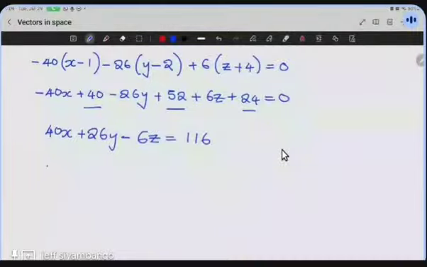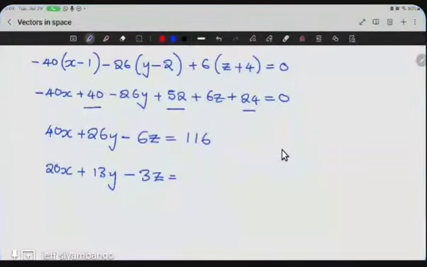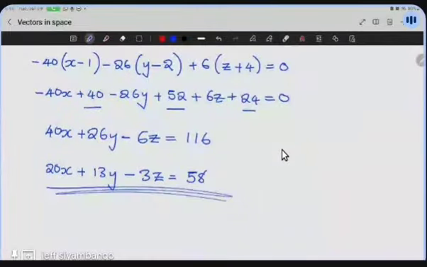So this is 20x, 13y, 3z, 116. Half of it would be 58. That becomes our scalar equation. Is this what you had?